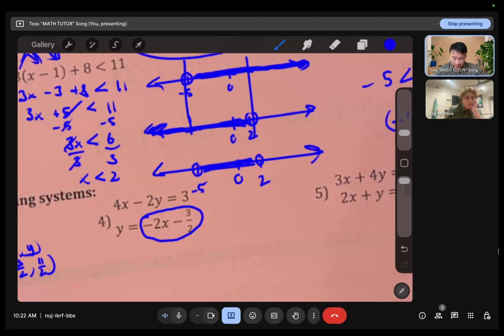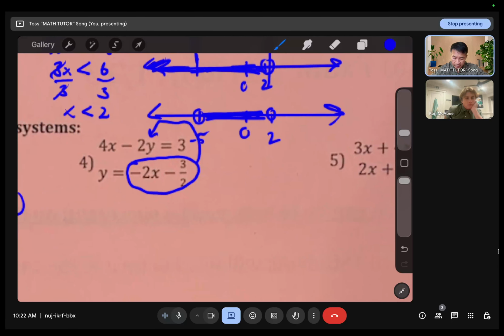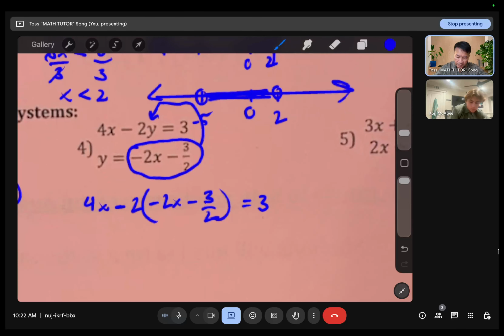I would put this whole thing in right there. So here's how it would look. It'll be 4x minus 2, parenthesis, 2x, and with the fraction even. No kidding. It looks awkward, but watch when you distribute, it'll be good. That equals 3. I'm pretty sure they intended for you to do it this way.